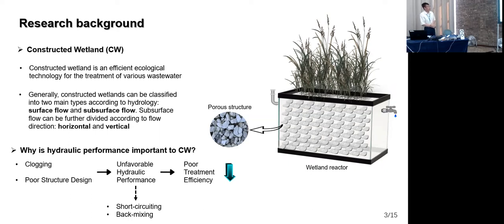However, unfavorable hydraulic performance, such as short-circuiting and back-mixing, can significantly affect the treatment efficiency of the constructed wetland. So it's very important to make sure the system has a good hydraulic performance.